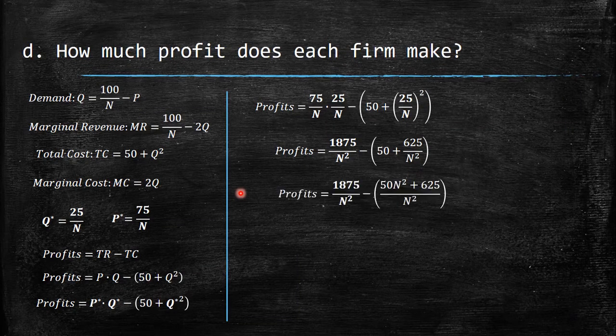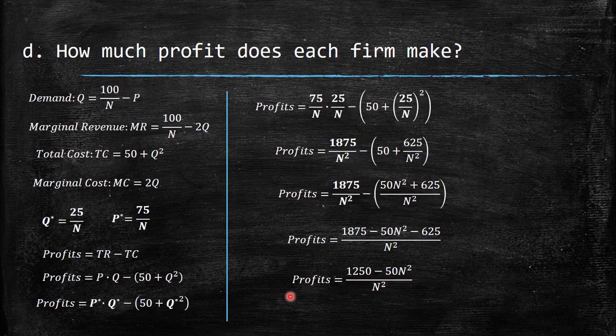So then you have this one. This is not a common denominator, so I put n squared. What is missing for 50 to become n squared in the denominator? The denominator is 1, so it misses everything, n squared. For this reason I multiply by n squared, and then I collect the minus, taking into account that it breaks the parentheses and changes the plus, and then this should be the profit.